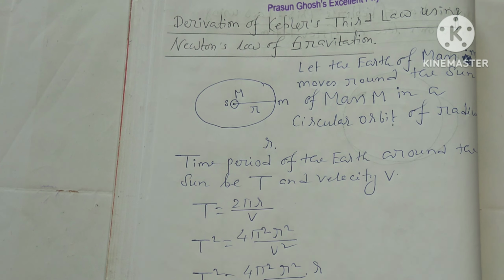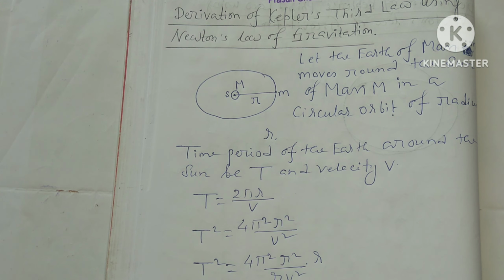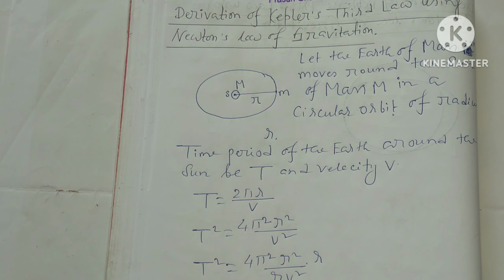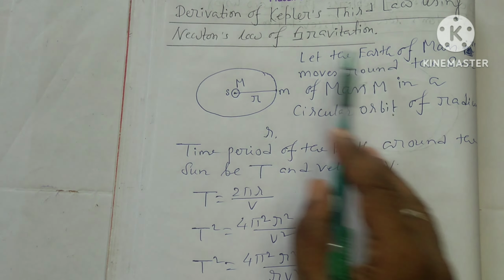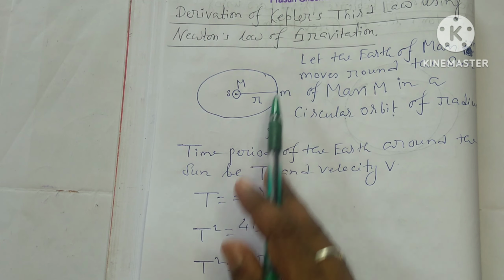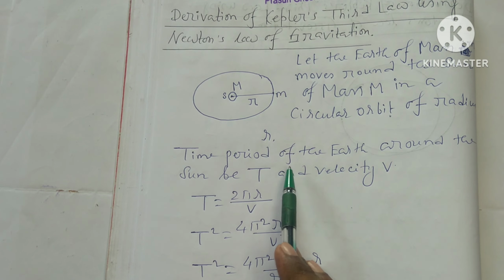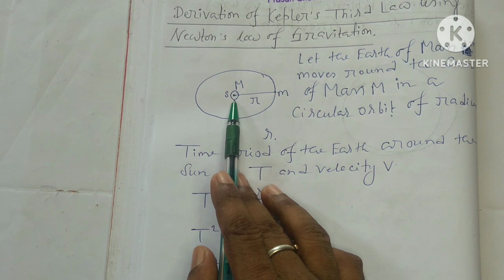Now I come to the last one, that is derivation of Kepler's third law using Newton's law of gravitation. For simplicity we consider a circular orbit. So this is Earth, this is Sun.